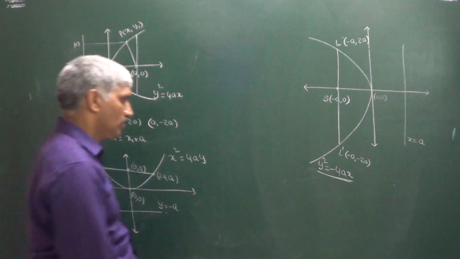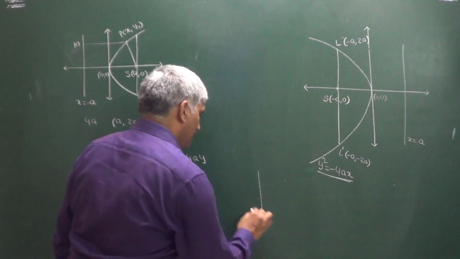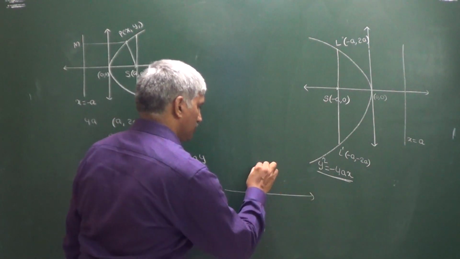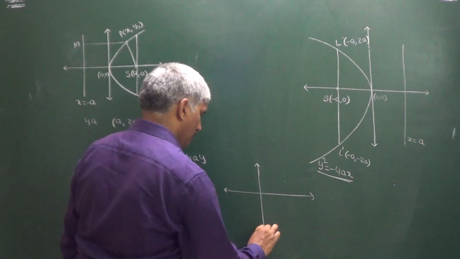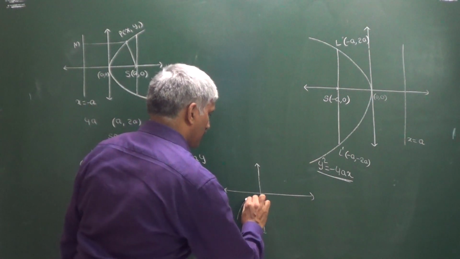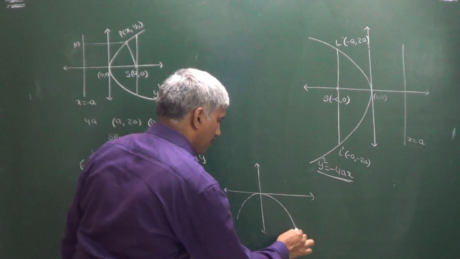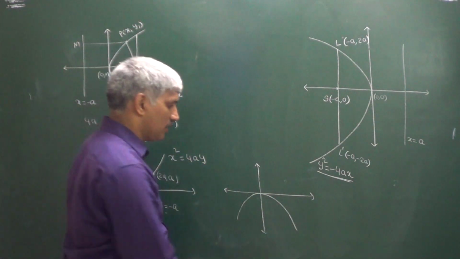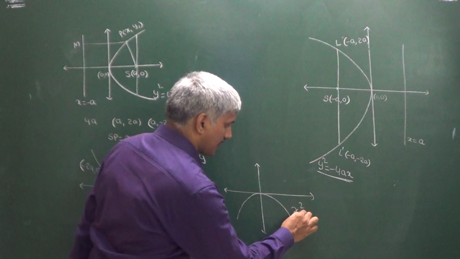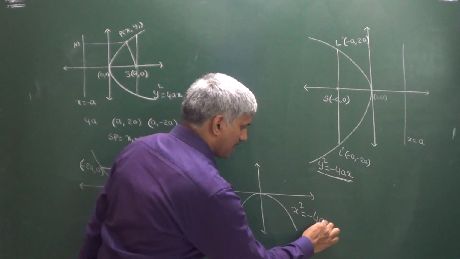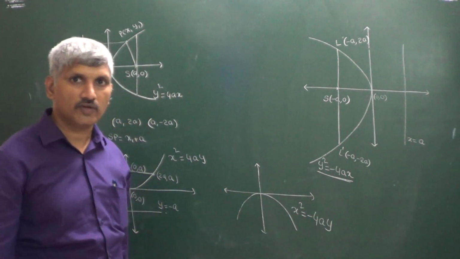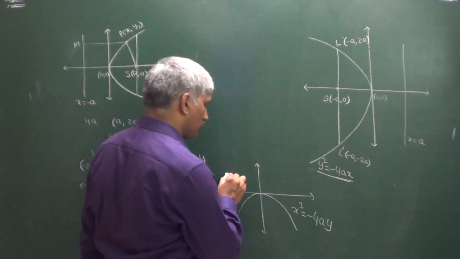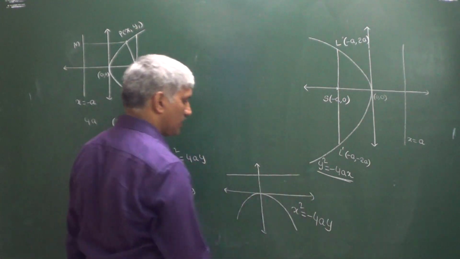Right? Now one more parabola is there, that opens downward. The equation of this parabola is x square is equal to minus 4ay, and this is the directrix.